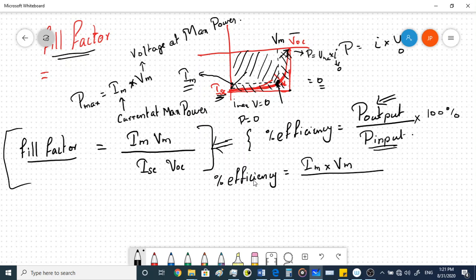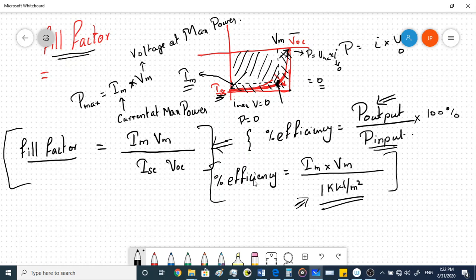Roughly, for calculations with the consideration of AM 1.5, air mass 1.5, we take the solar irradiation at the surface to be 1 kilowatt per meter square, with consideration that some of the light is getting reflected. AM 1.5 is the standard that is taken across the world. So always we take the power input as 1 kilowatt per meter square.